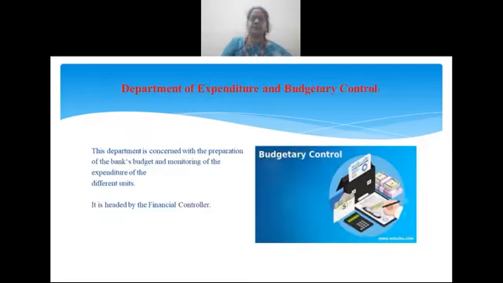The next comes the budget and budgetary department. Budget means what is the cost, how a particular thing is going to be executed, the cost analysis.